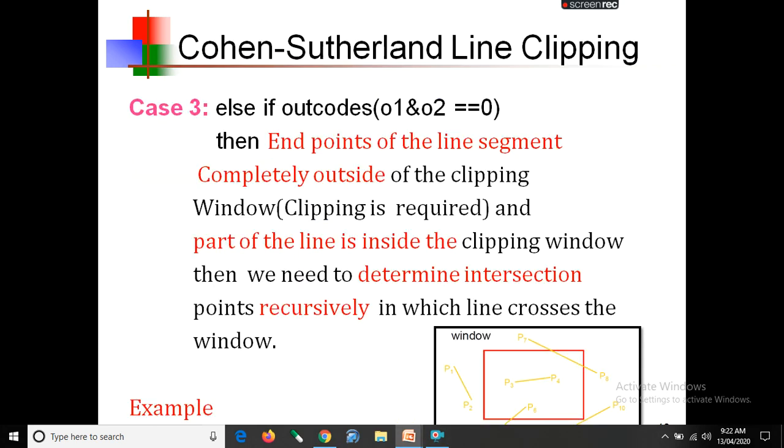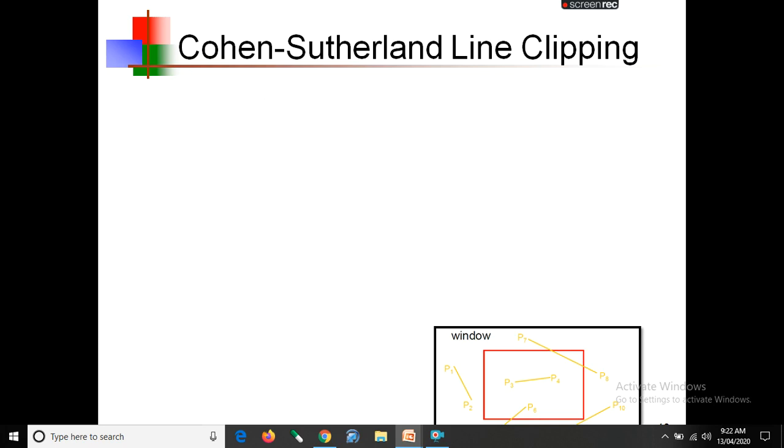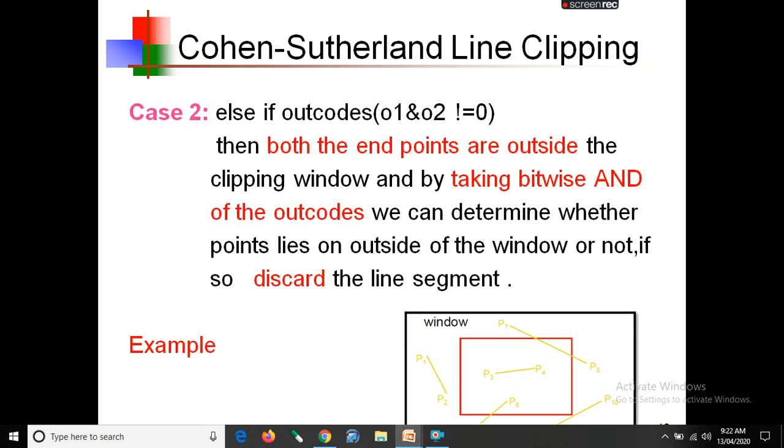If the result is not equal to 0, it means that both the endpoints of the line segment lie outside the clipping window. We need to reject the complete line segment. No need to display that line segment on the screen of the monitor.